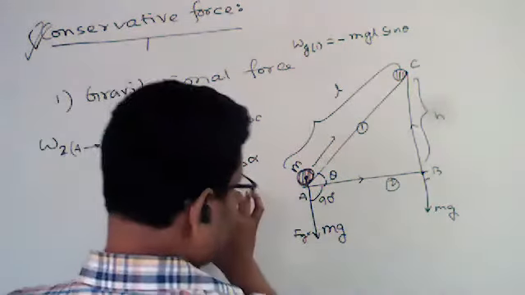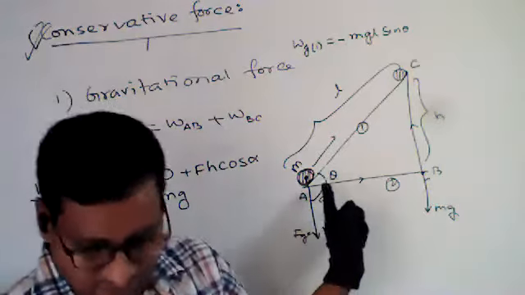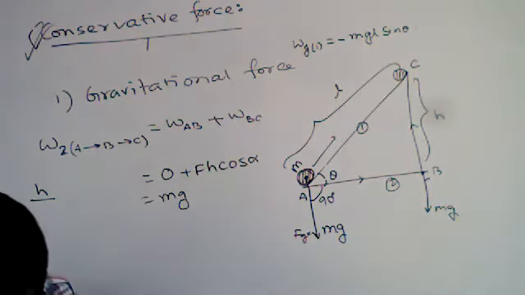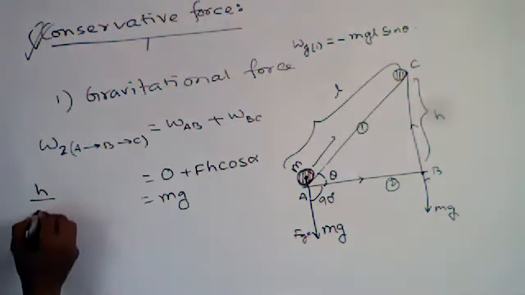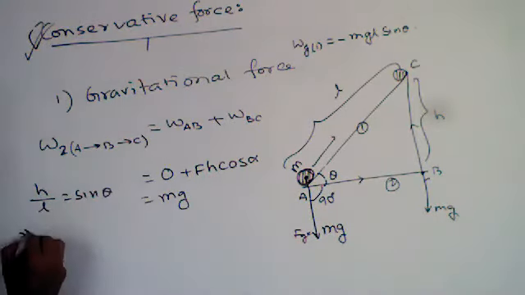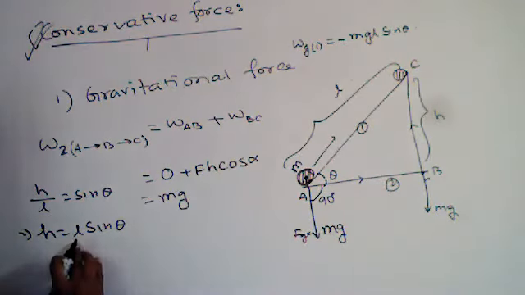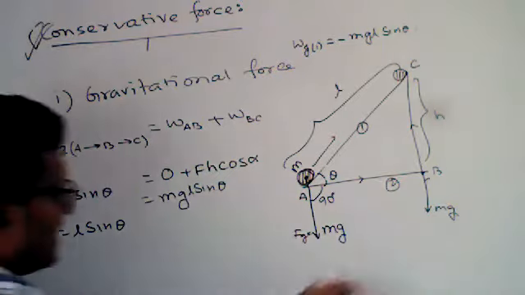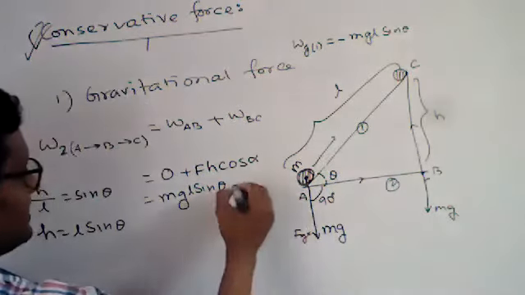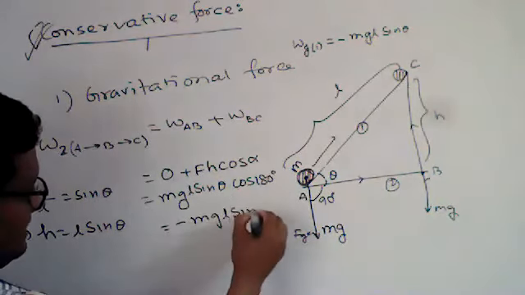What is the value of H according to L? For this angle, H is the perpendicular, L is the hypotenuse. So H by L equals sine theta, so H equals L sine theta. Here the angle between the force and displacement is 180 degrees, cos 180 degrees is minus 1. So minus mgL sine theta.